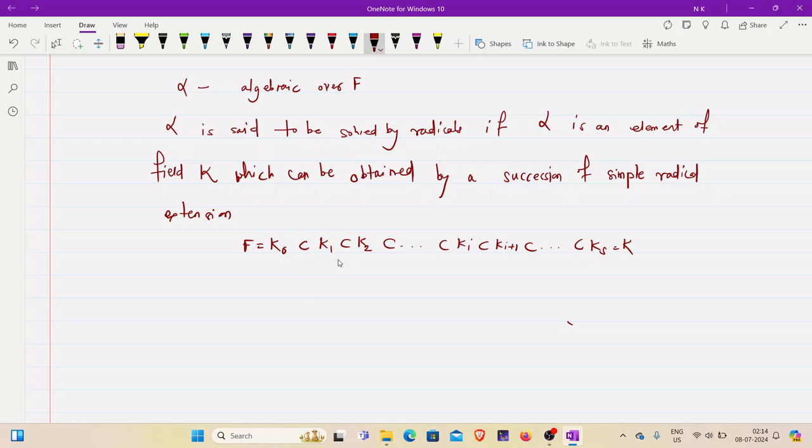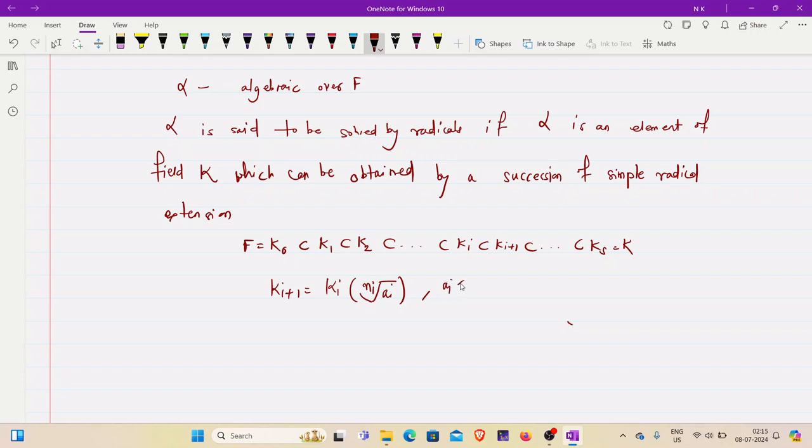That means K1, or in general Ki plus 1, is obtained by attaching nth root of ai to the previous field Ki. So Ki plus 1 is nothing but Ki attached with nth root of ai, obviously where ai belongs to Ki.